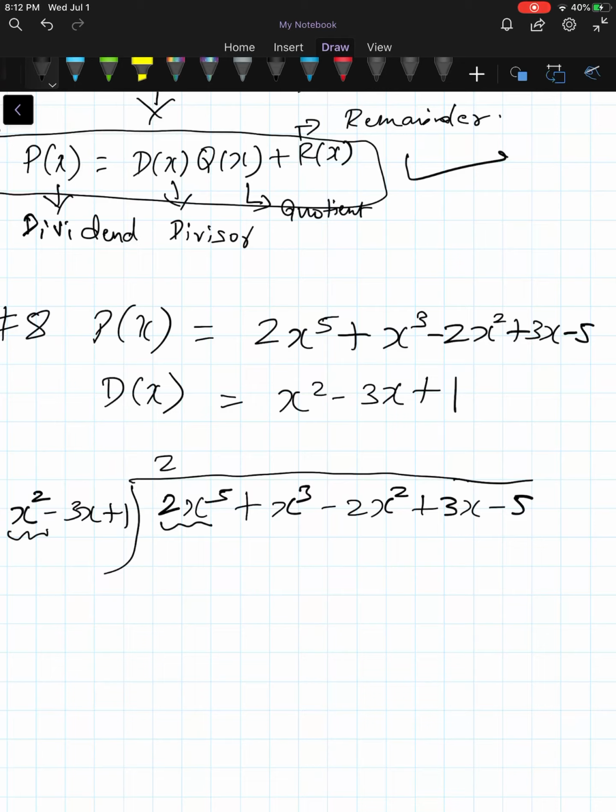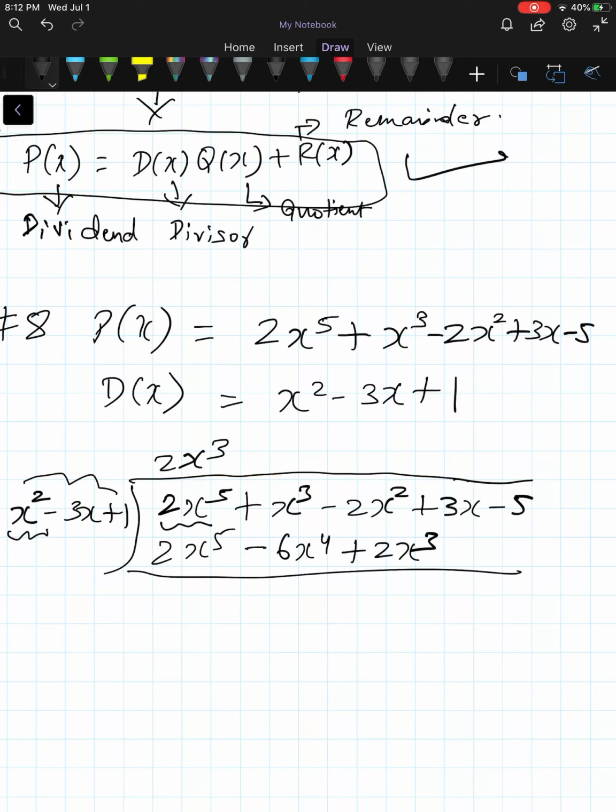That we will write in the quotient. That would be 2x cube, right? So multiply 2x cube with all the terms of the divisor and write it below the polynomial. This would be 2x to the power of 5 minus 6x to the power of 4 plus 2x cube, correct?